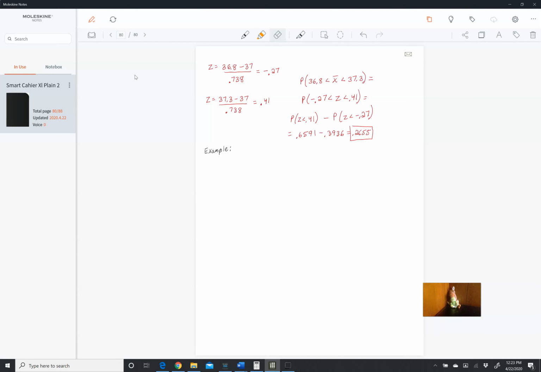Okay, so suppose the room and board expense at four-year colleges is normally distributed.